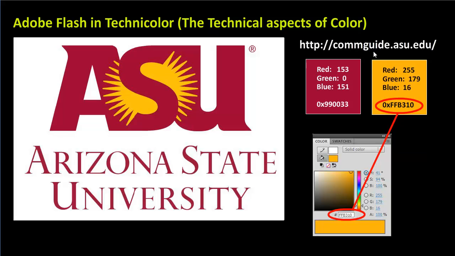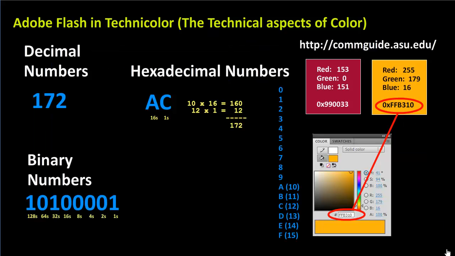So in their communications guide, they specify for the gold a hexadecimal value of FFB310. And you could type that into Flash as well below the color swatch here, and you would get that same color. It's usually a lot easier to reference colors by these hexadecimal numbers rather than the decimal red, green, blue values. Let's look at how they get those.